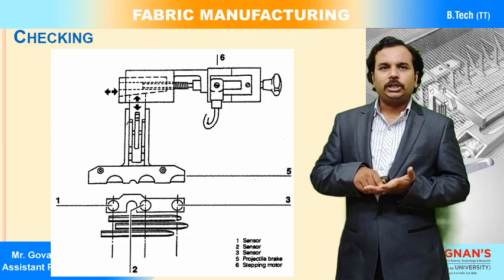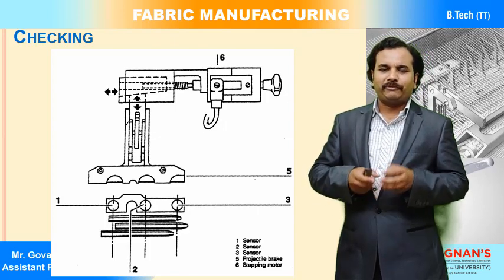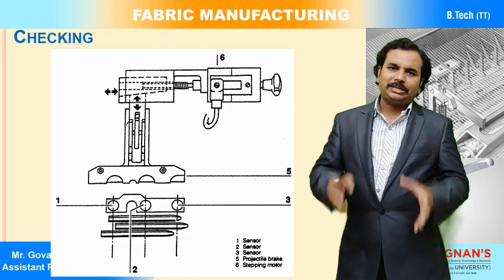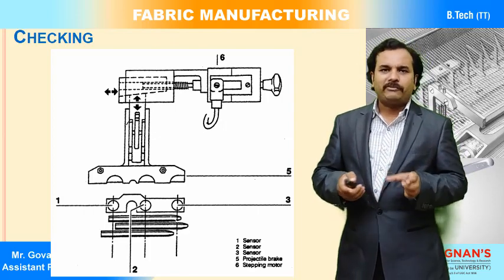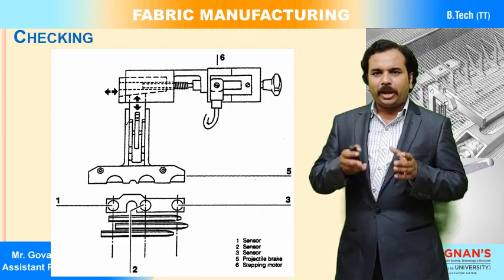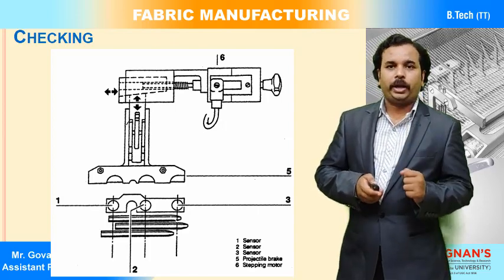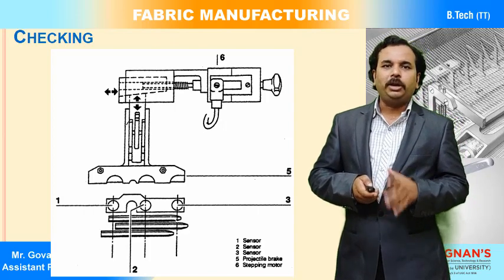That is why there should be a checking mechanism whether it has been perfectly received into the receiving unit or not. After that, the projectile brake is applied and the projectile grippers are opened so that the weft yarn is released.